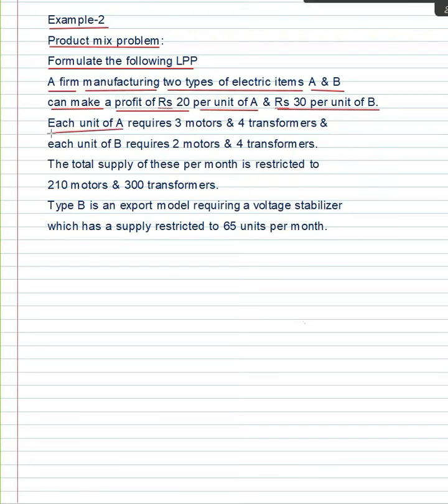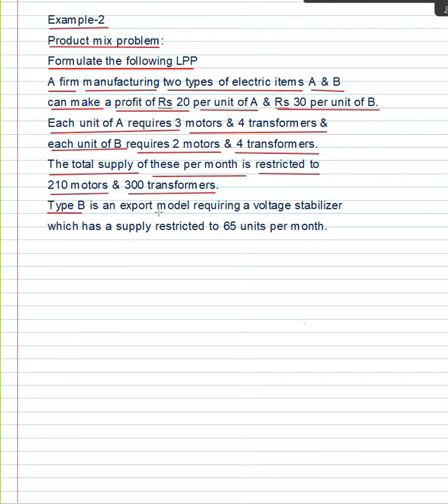Each unit of A requires 3 motors and 4 transformers, and each unit of B requires 2 motors and 4 transformers. The total supply of these per month is restricted to 210 motors and 300 transformers.